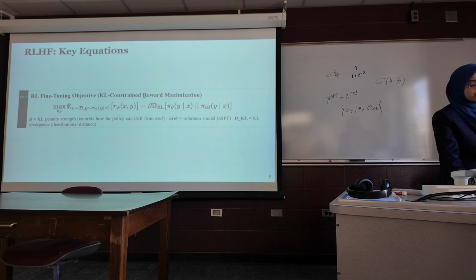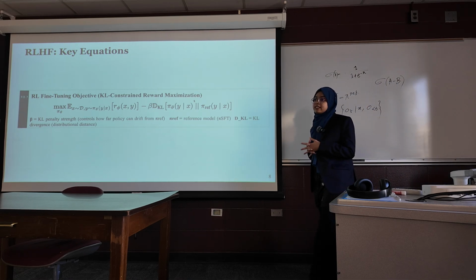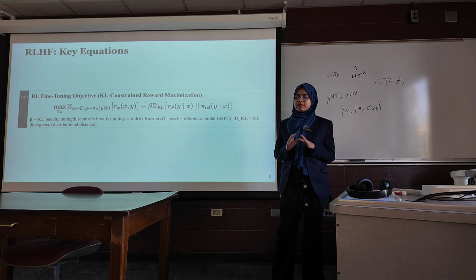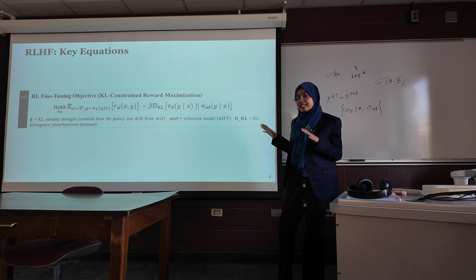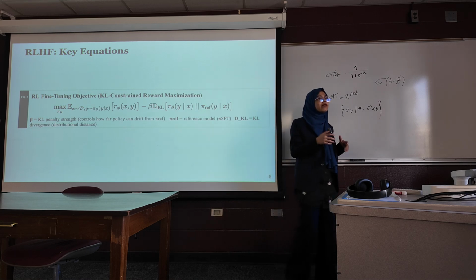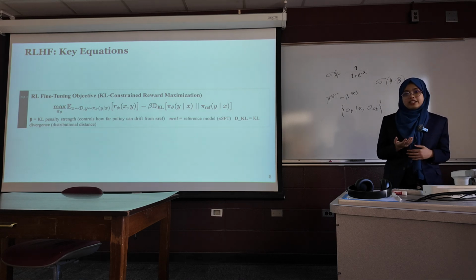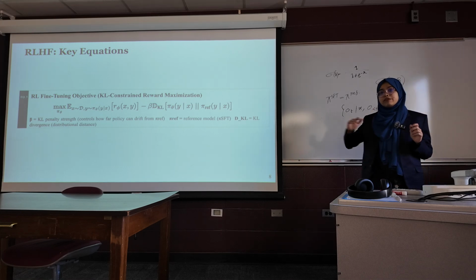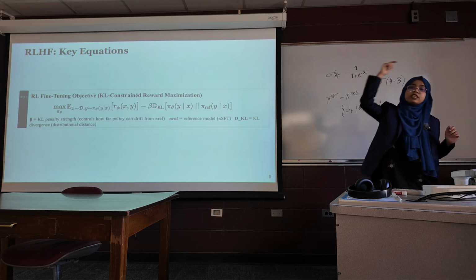Now what does this whole term do? This is a KL divergence. You can assume KL divergence as a distance, but I want to be clear, it's not a distance, but it's more interpretable if you consider it in this case as a distance. So what KL divergence is doing, you do want your optimized model to maximize the reward and work more efficiently, but you don't want your language model to drift far apart from your reference model that you trained in the first phase.